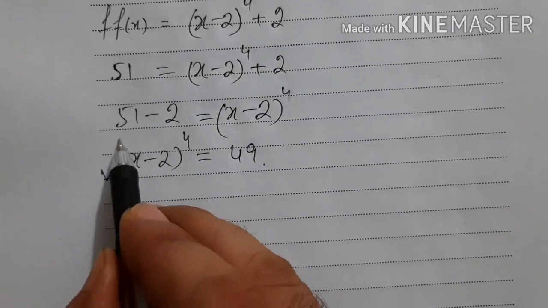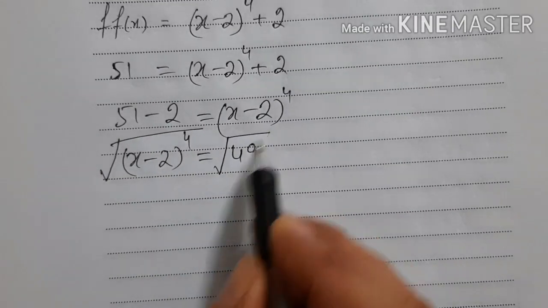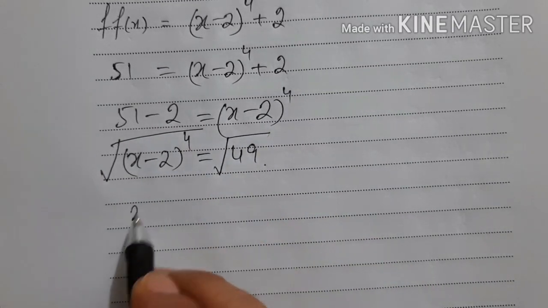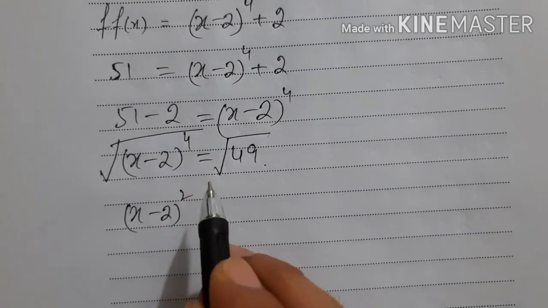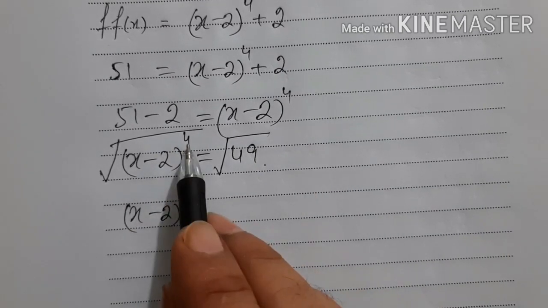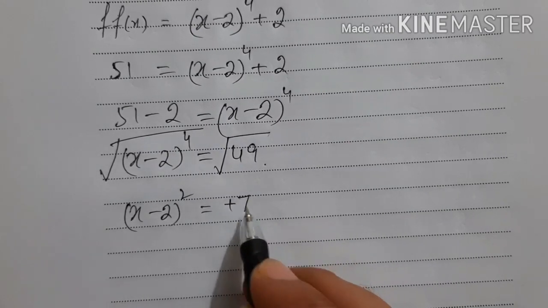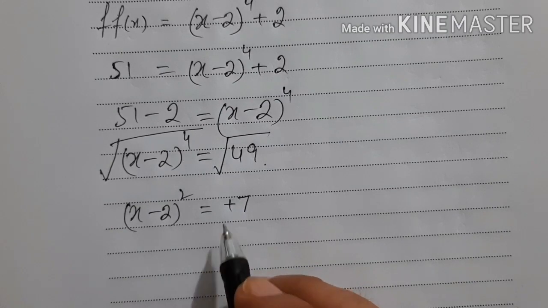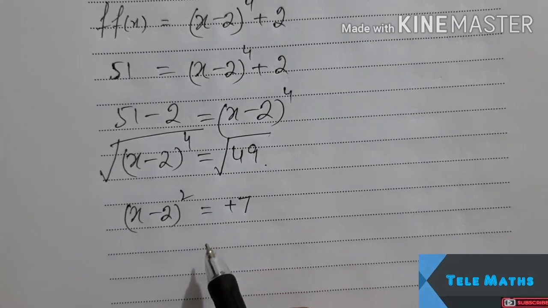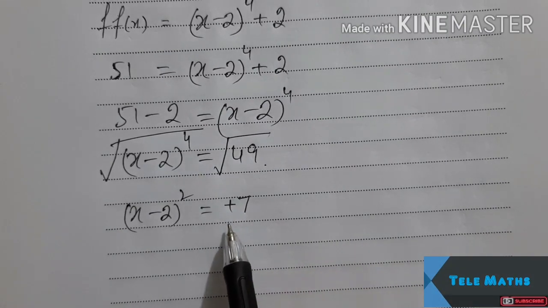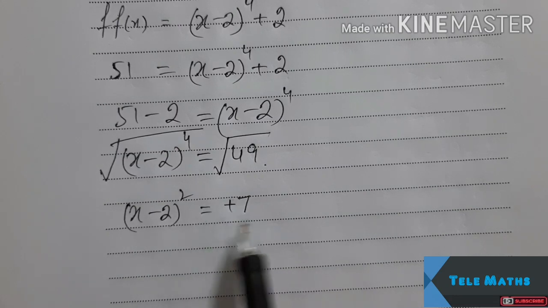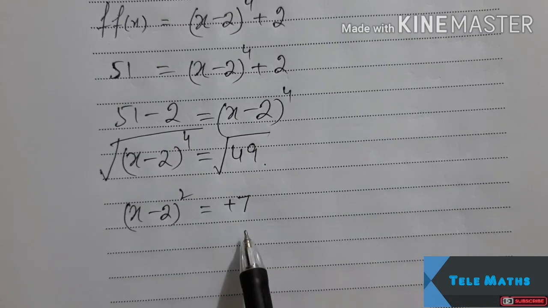So taking the square root of both sides, it will become (x minus 2) square, because the square root will change this 4 into 2, equals plus 7. Now, why not minus 7? Because again the value of x is greater than 4, so it is positive, that's why we will not take negative.